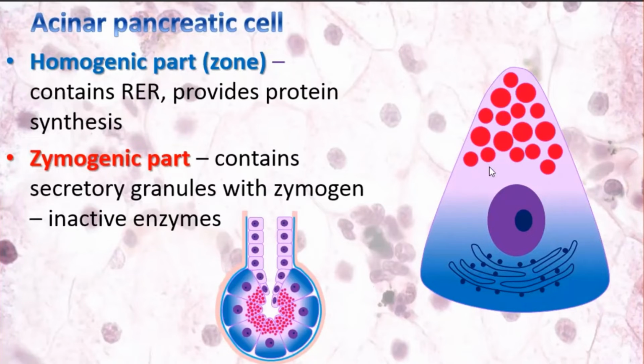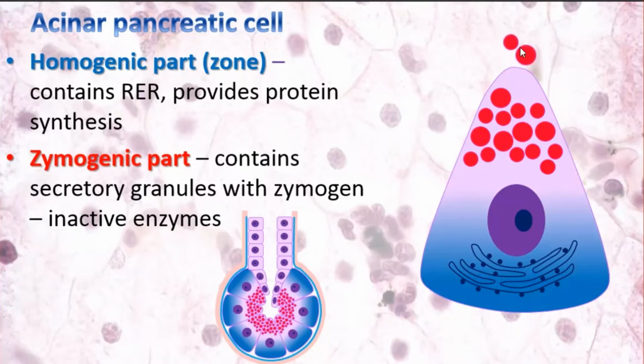And enzymes are inactive because if they will be activated, they may cause self-digestion of the pancreatic cells, which takes place in pancreatitis, inflammation of pancreas. But usually those enzymes are activated only in the lumen of duodenum. It's the place of activation of enzymes of pancreatic cell.